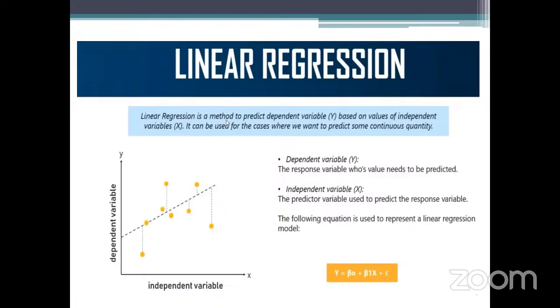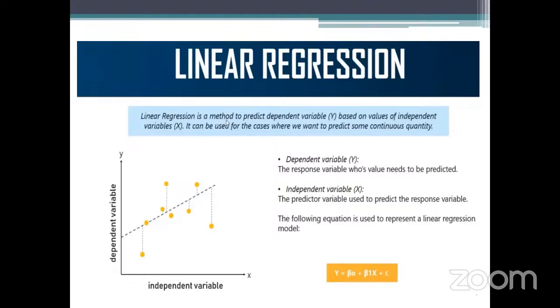So let's discuss the equation behind this method. This equation denotes the relationship between your independent variable x and your dependent variable y, the variable you are trying to predict. Hopefully, we all know that the equation for a linear line in maths is y equals mx plus c.